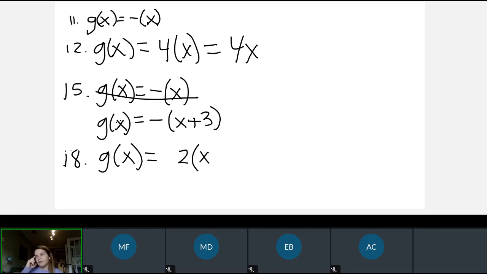Okay. Left, when I'm moving left and right, is like the opposite. I know left we want to think negative, but it's actually, we're going to add. So I'm going to do plus 7 in the parentheses. It also tells me I'm going up 4. So I have to add 4 outside the parentheses. And then reflect it across the x-axis. So that's going to be a negative out in front.